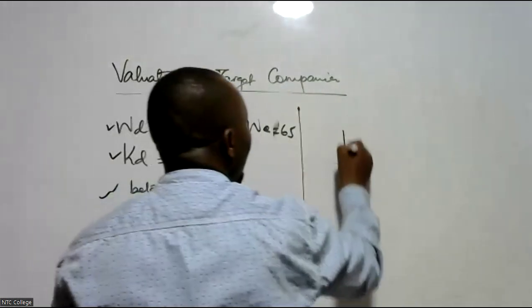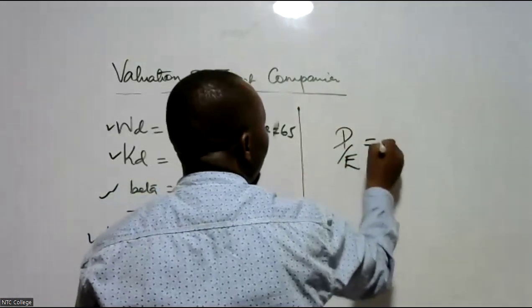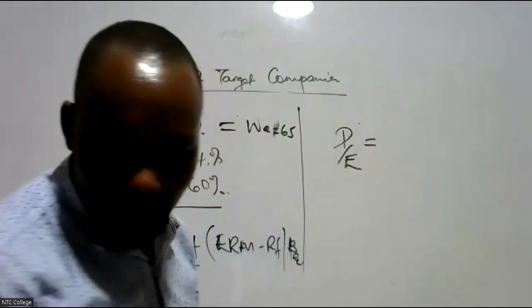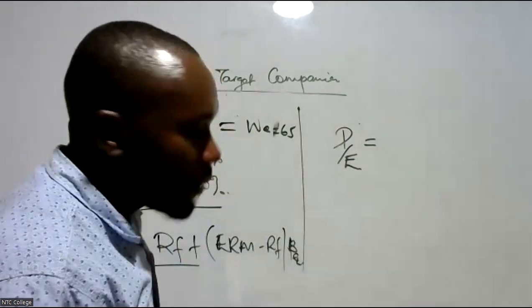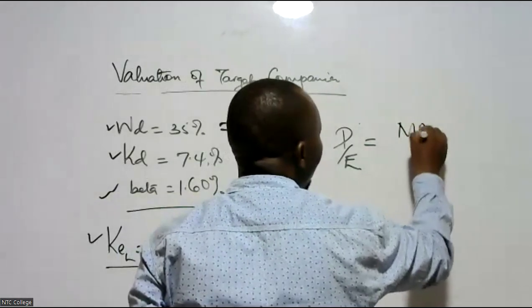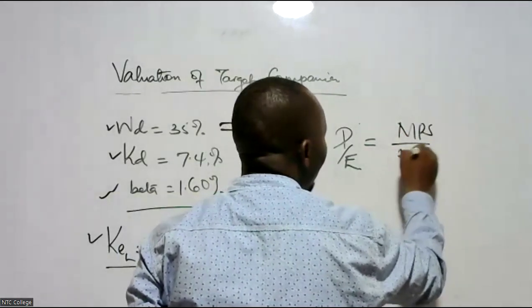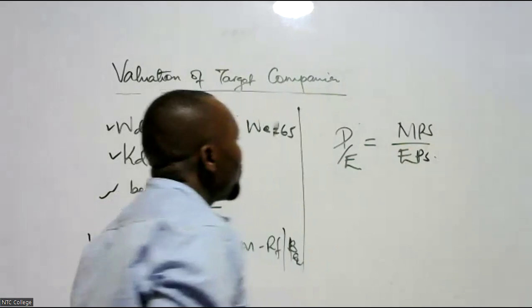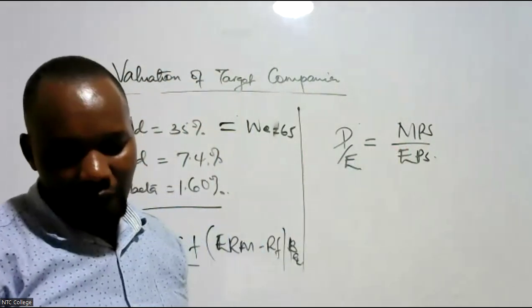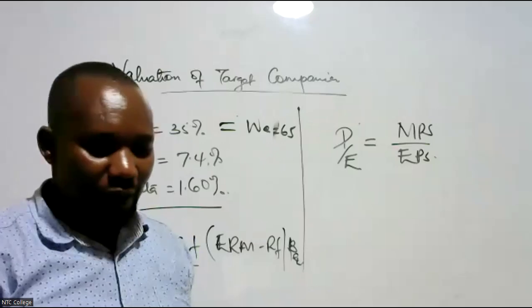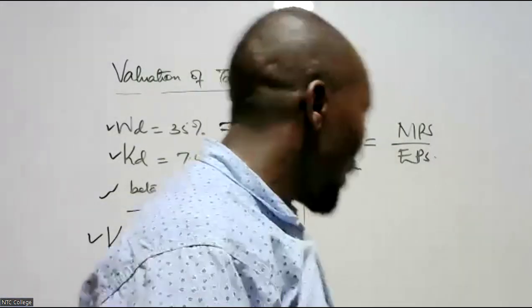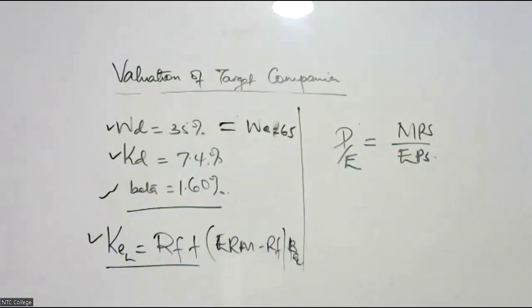I say that PE is the same as price and earnings. So that means the market price, this one is the same as the market price per share and earnings per share. PE should be the same as MPS all over EPS. Sio tulisoma hivyo.